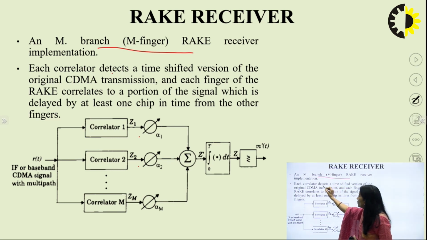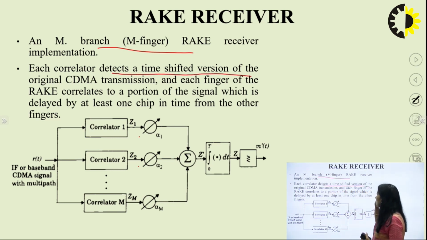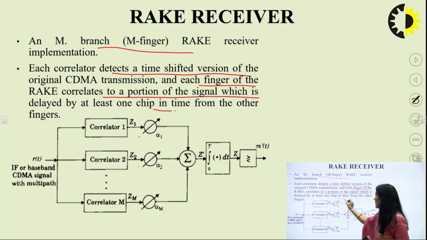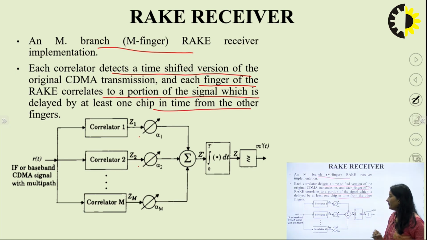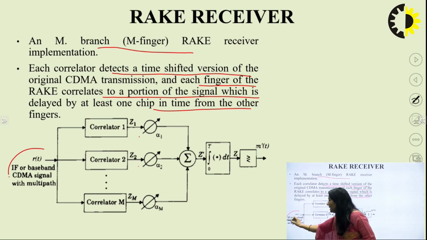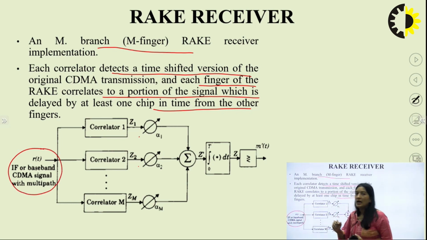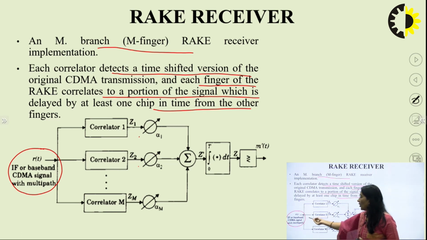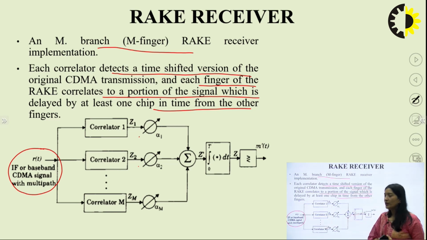Here, each correlator detects a time shifted version of the original CDMA transmission, and each finger of the RAKE receiver correlates to a portion of the signal which is delayed by at least one chip in time from another finger. Here, this is r(t).